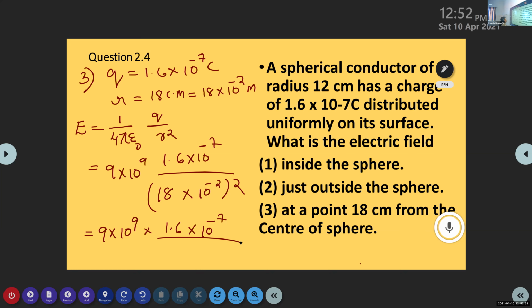What is 18 square? 324. 324 into 10 raised to negative 4.